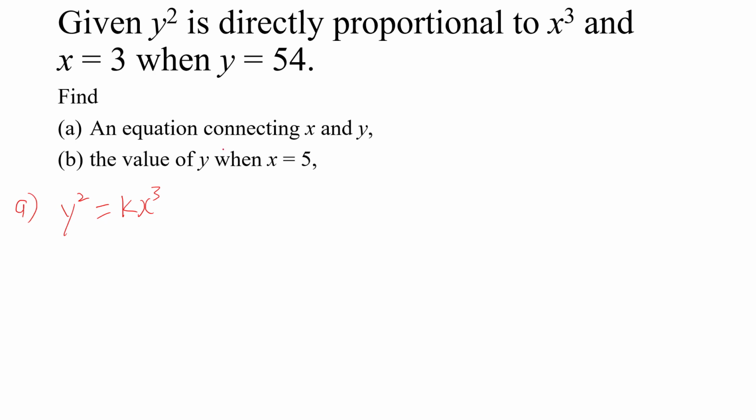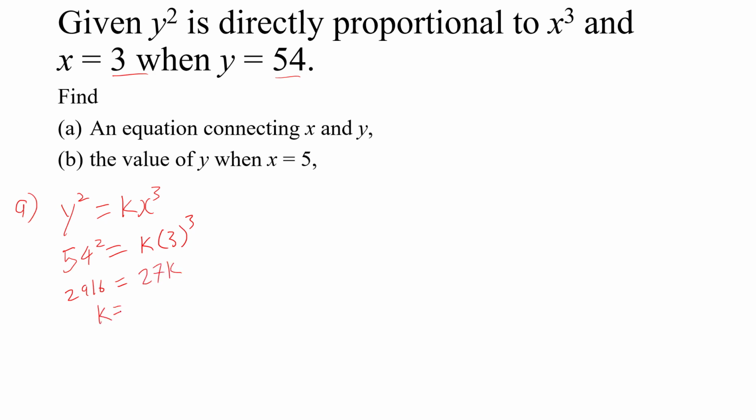Alright, I hope that you have tried this out on your own. So all I have to do is to substitute the y and x values in. 54 squared, because 54 is y, equals k times 3 to the power of 3. So here I will have 54 squared, which is 2916, is equal to 3 to the power of 3 is 27, k.